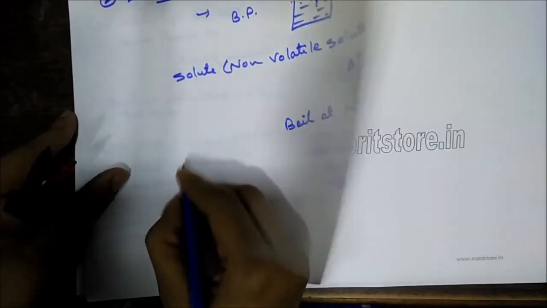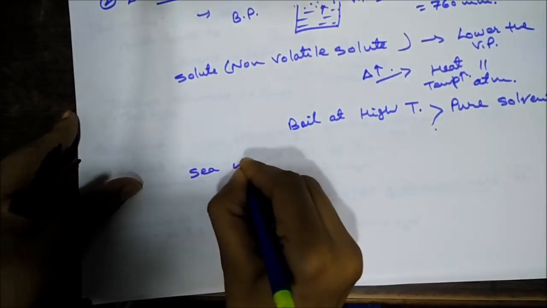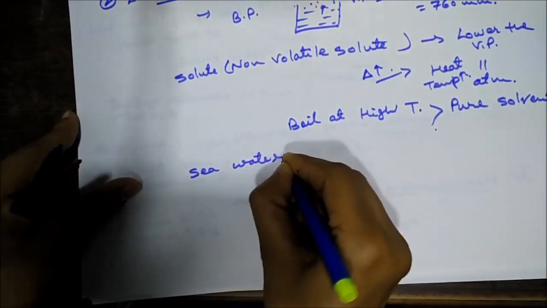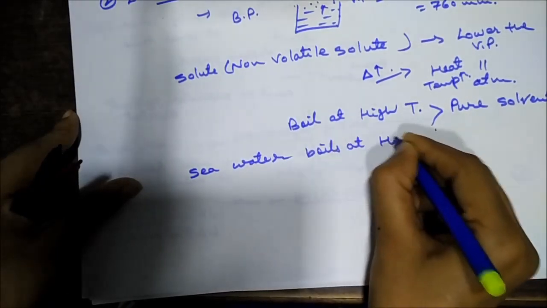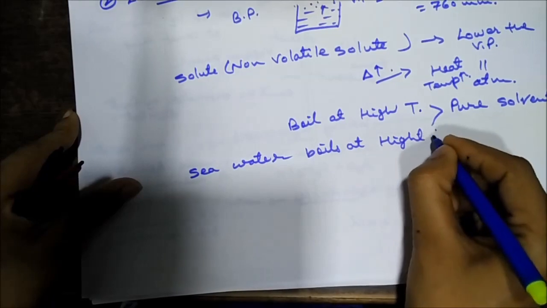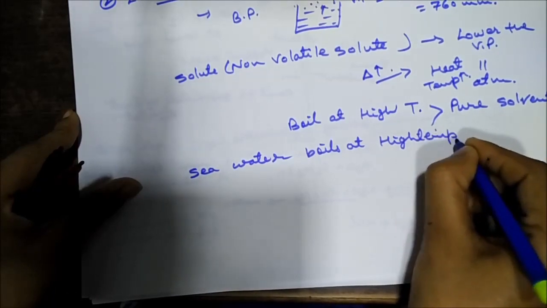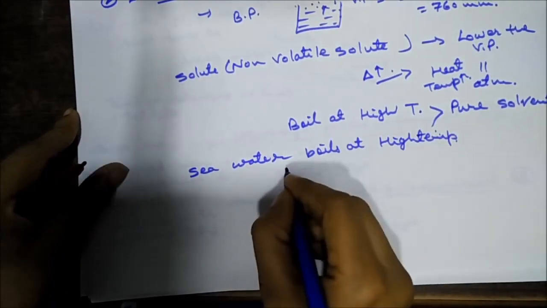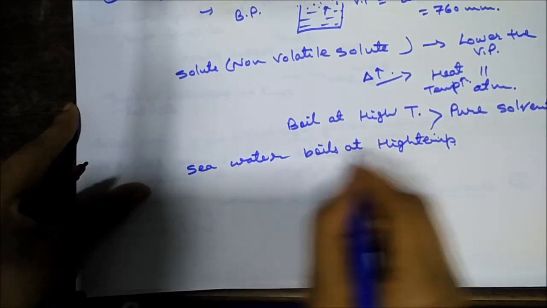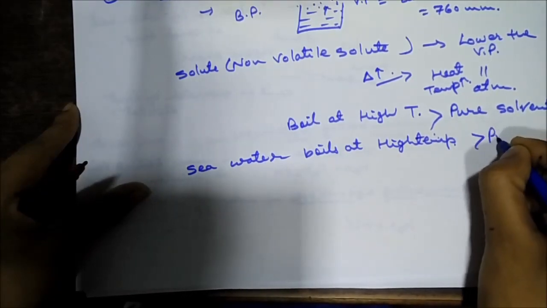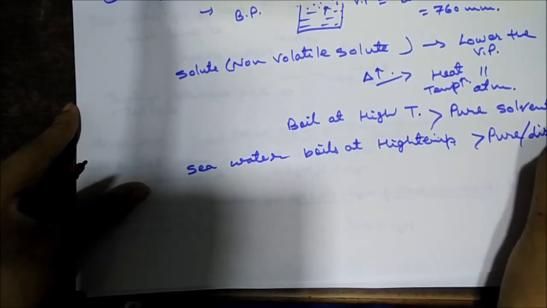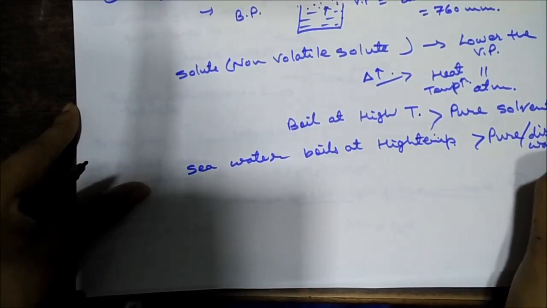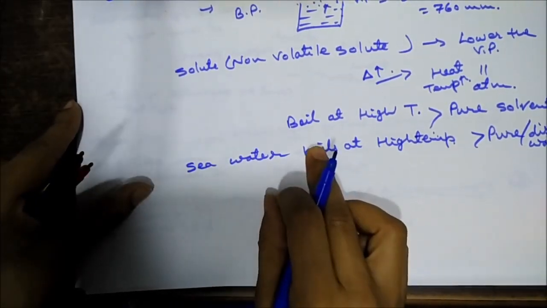As we know, sea water boils at a high temperature. Why does it boil at high temperature? Because there are more solutes as compared to pure water or distilled water. So it will boil at high temperature.